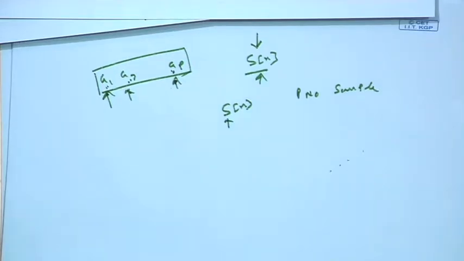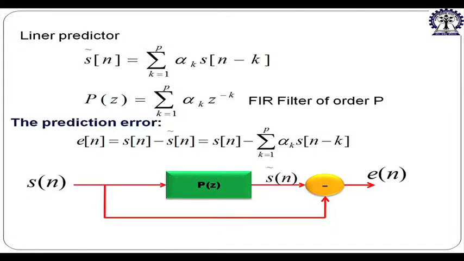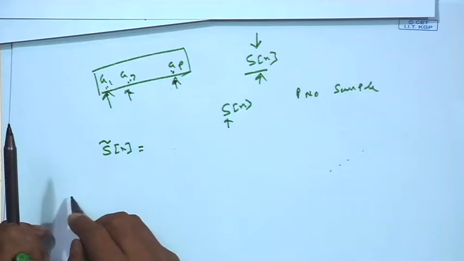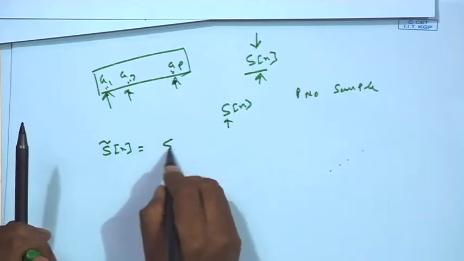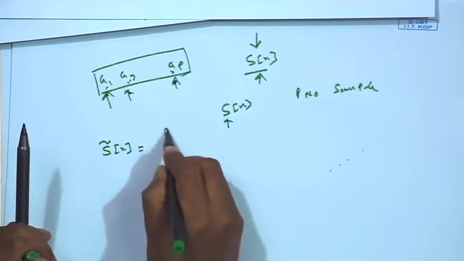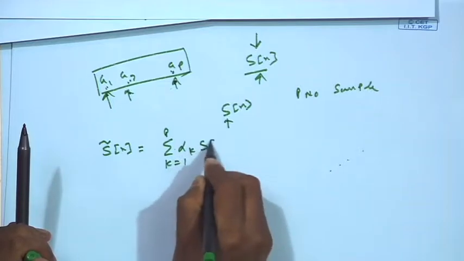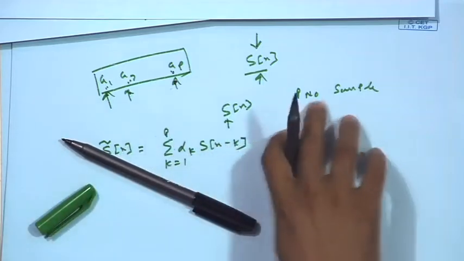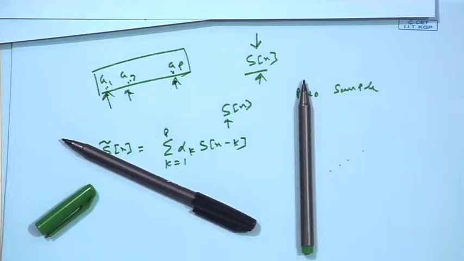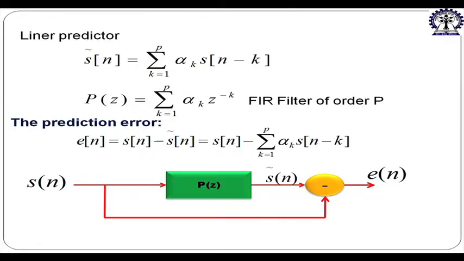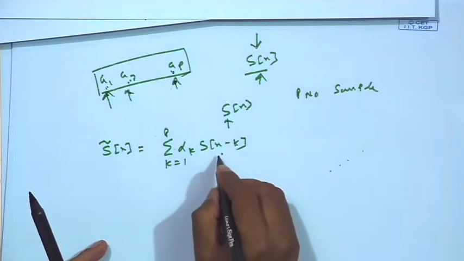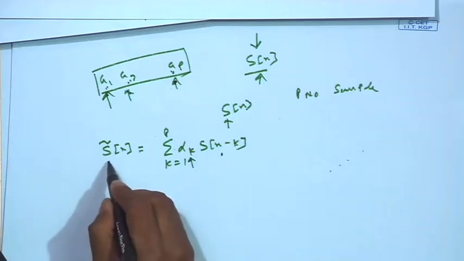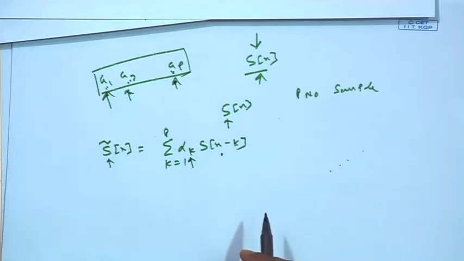So, what is the prediction? Let my predicted signal be s cap n, which is nothing but the sum from k equal to 1 to p of alpha k s of n minus k. From the previous p number of samples, I know the alpha k and I predict the current sample, s cap n.